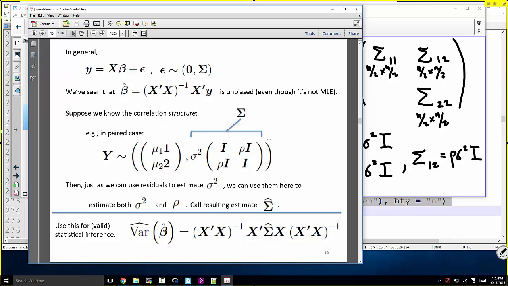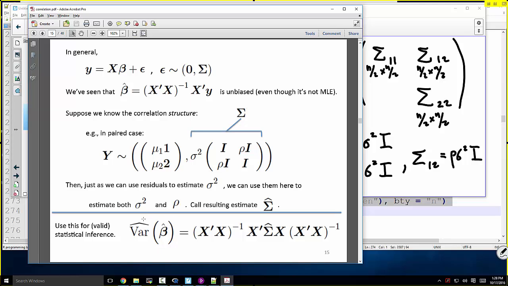So if you have estimates of sigma squared and rho, then you can use them to get better estimates of beta hat. Or if you went ahead and used the IID regression model, we can use them to get correct standard errors.